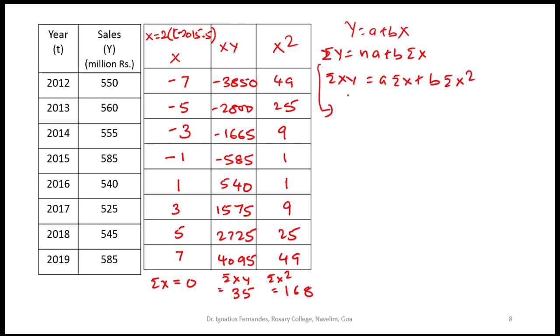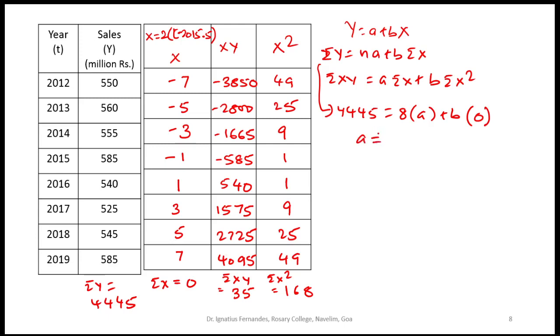So using the first equation, summation y is the sum of all the y values, which comes to 4445. So 4445 is equal to n, which is 8, the number of years, into a plus b into summation x, which is equal to 0 because of how we have defined this x.